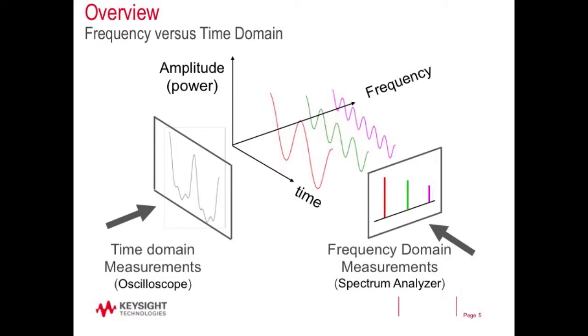If you looked at it on a spectrum analyzer, you can think of it as looking at the side view of these, so this is what the red sine wave would look like, the green one, and the purple one. These would all be at different frequencies, for example 1 gigahertz, 2 gigahertz, 3 gigahertz. It would tell you the amplitude of each of the signals, not only absolute amplitude but the relative amplitude to each other, and it also tells you the actual frequencies of each of those.